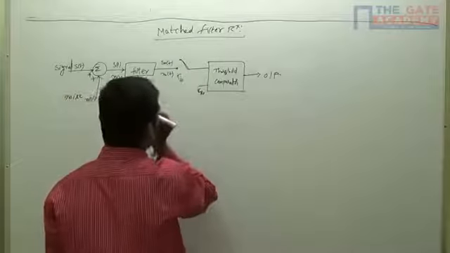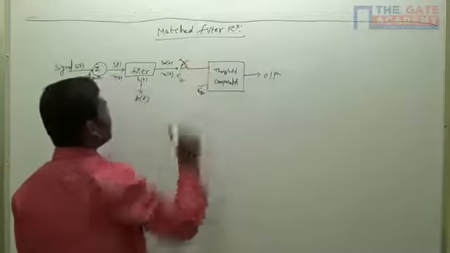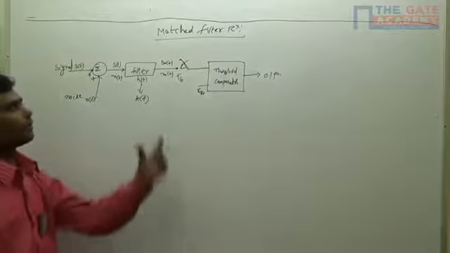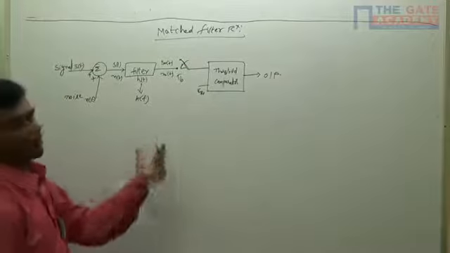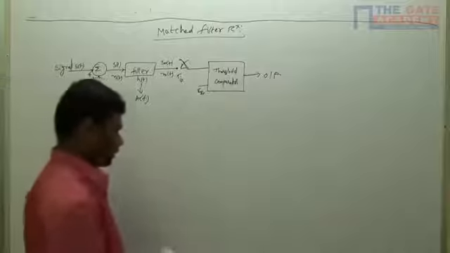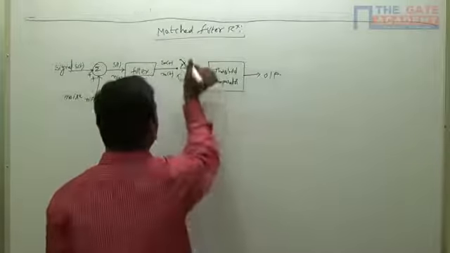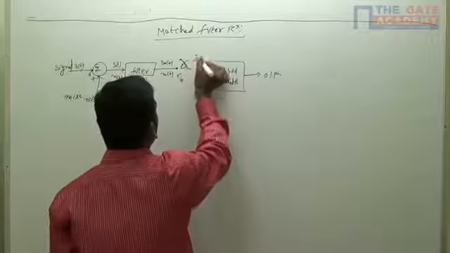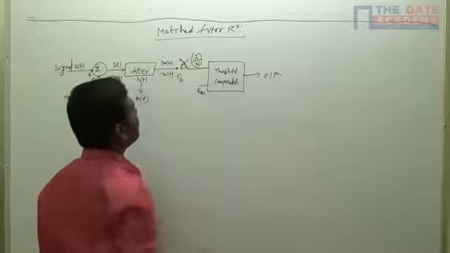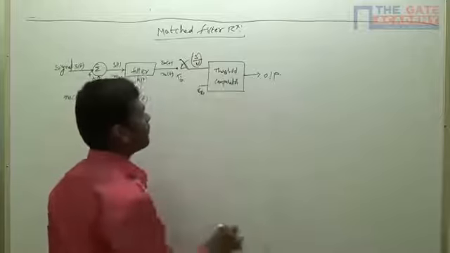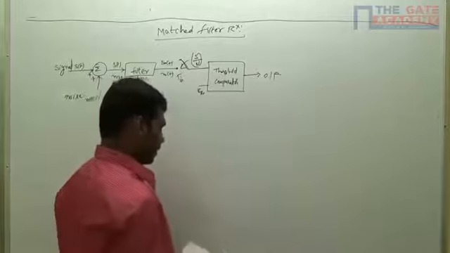With TB as the bit duration, the switch varies with the sampling time, and based on that you will get the maximum signal to noise ratio, S by N. Based only on this signal to noise ratio, we can compare and get the output.